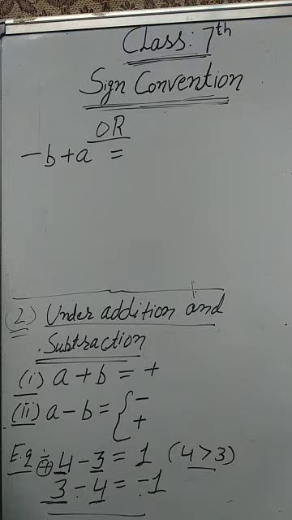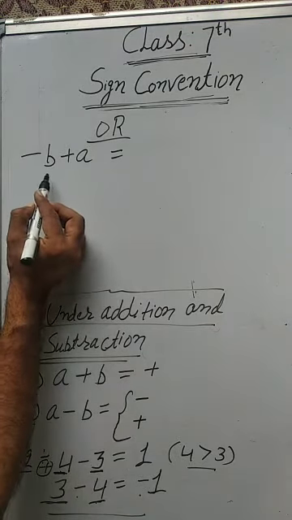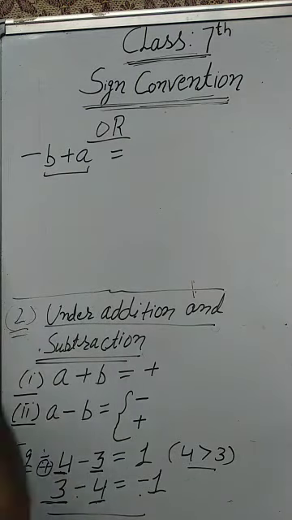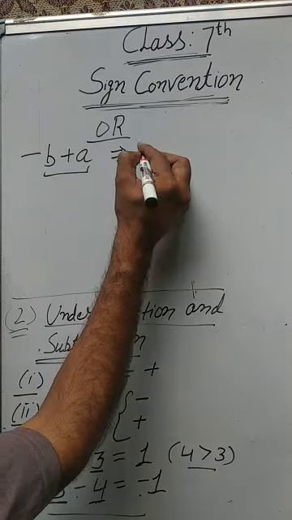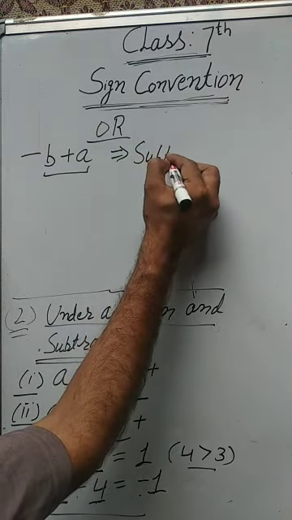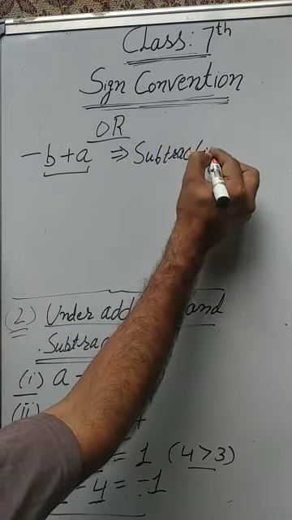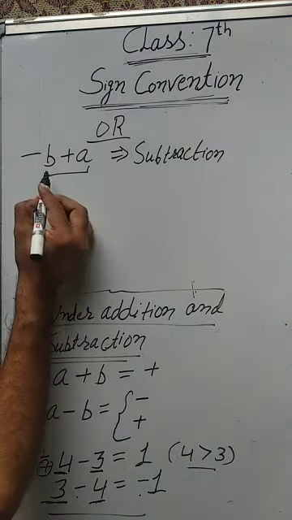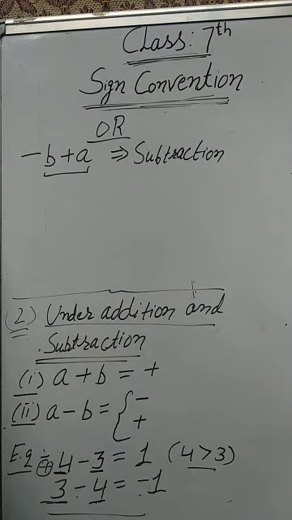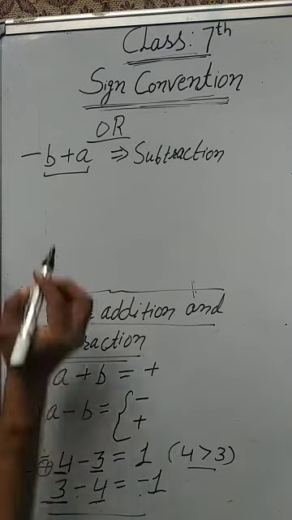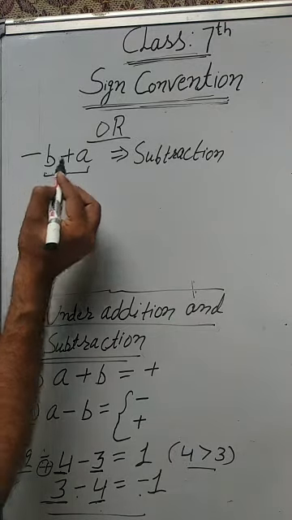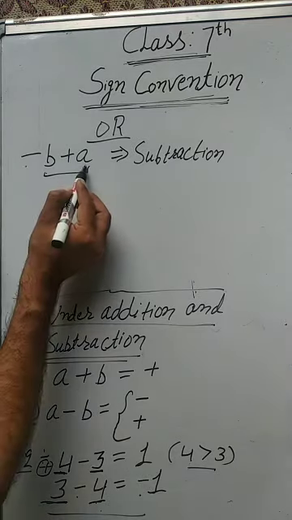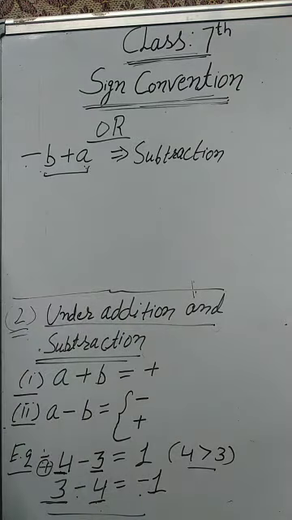Here beta, you will not add these numbers. You will subtract these numbers. You will perform here subtraction. But take care about the sign. Sign will be of a greatest number. If B is greater than A, then sign will be a negative, and if A is greater than B, then sign will be positive.